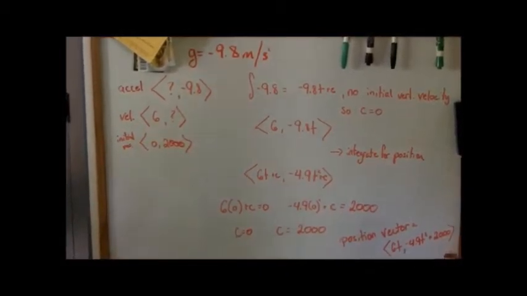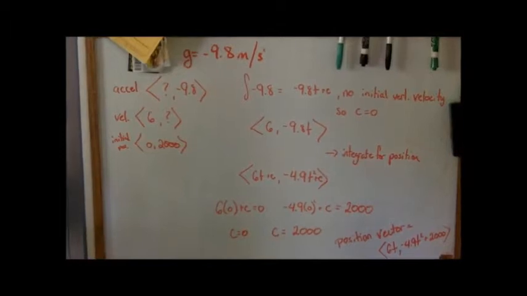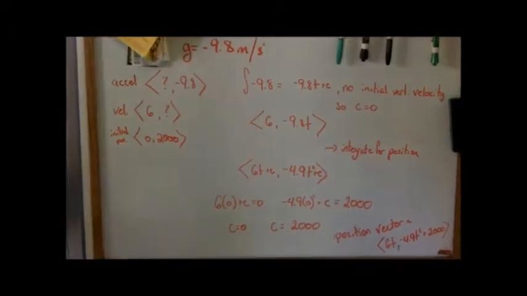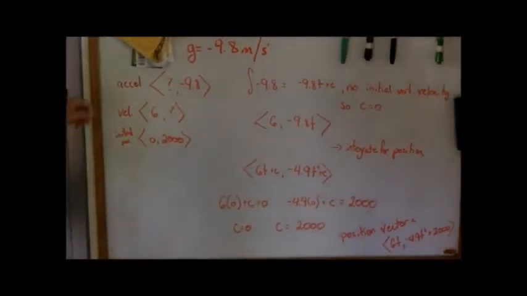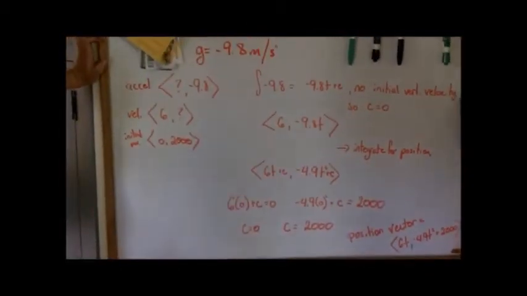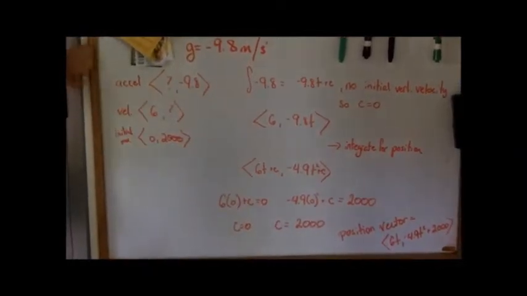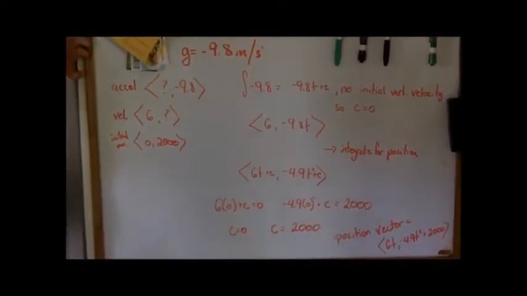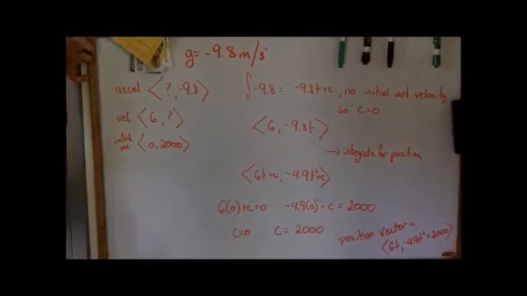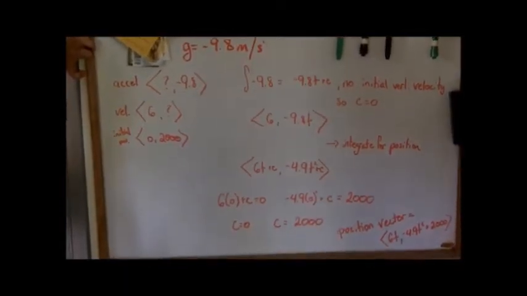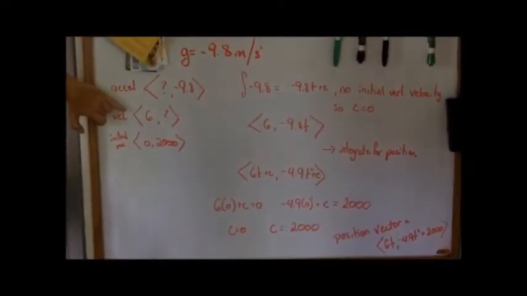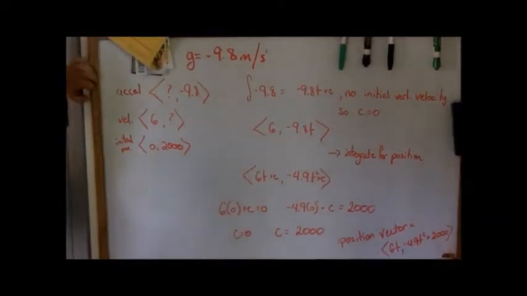We know we're taking into account the constant of acceleration when it comes to gravity, which is negative 9.8 meters per second squared. Now that deals with the vertical component of the falling object, so that goes into the y component of the vector. We also know that I was thrown with an initial velocity of 6 meters per second horizontally, so we know the x component of the velocity vector.